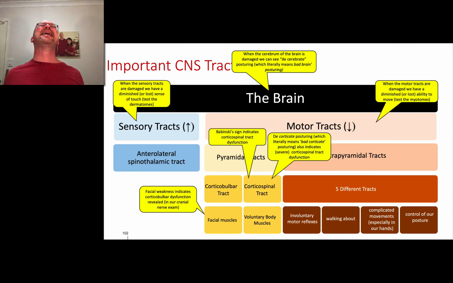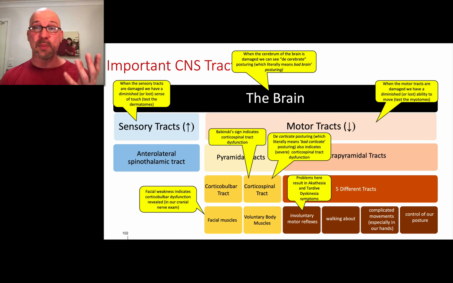When you're doing decerebrate, that means it's your entire brain. So that's worse. If I'm going to get injured, I want to get injured as far down this flowchart as possible. So the last thing I want is decerebrate posturing, because that indicates that my entire brain is in trouble. And when you see decerebrate posturing in a trauma patient or a traumatic brain injury, you think, wow, that's really bad. That's their whole brain.